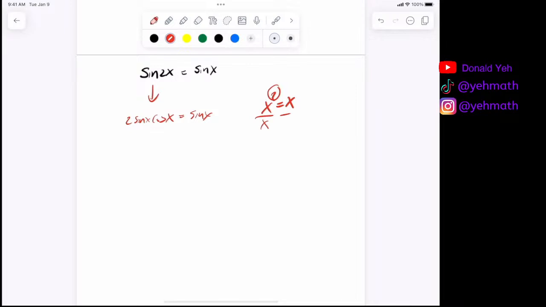But if you divide by x on both sides, what happens? This is wrong. What are you supposed to do? You can factor out x. There are two solutions. It turns out in trig, you lose solutions if you just divide by one thing.